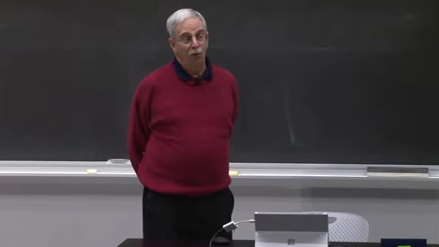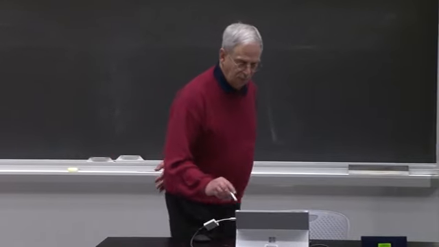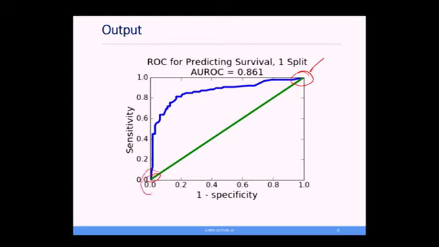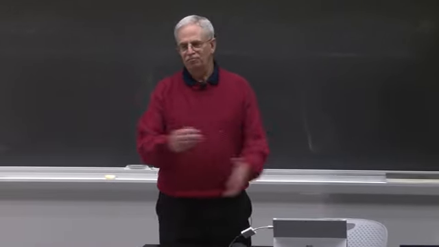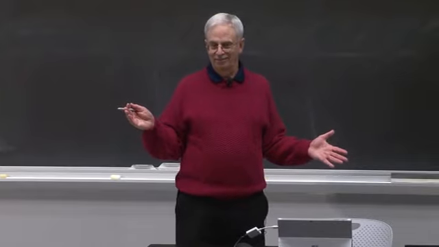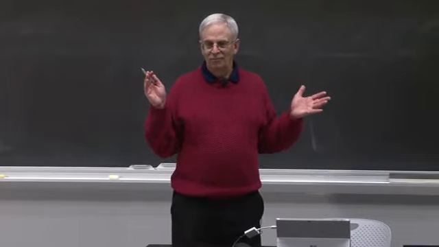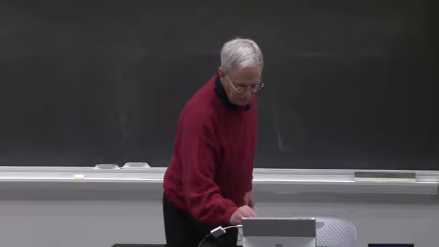So I'll get a lot of false positives. This corner is very specific because 1 minus specificity is 0, and very insensitive, right? So way down at the bottom, I'm declaring nobody to be positive. And way up here, everybody.